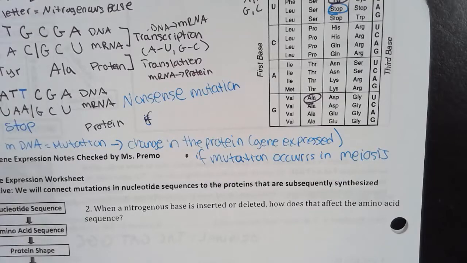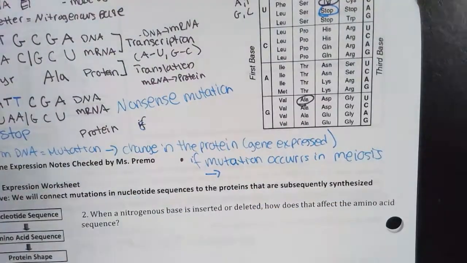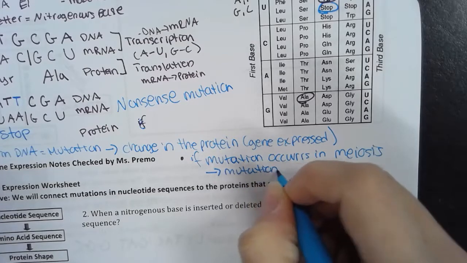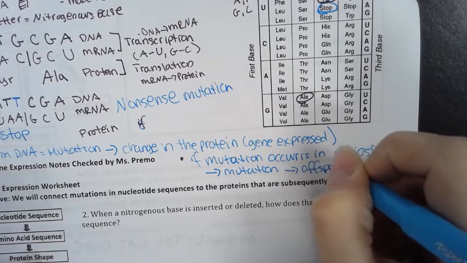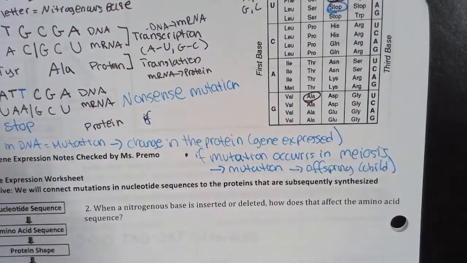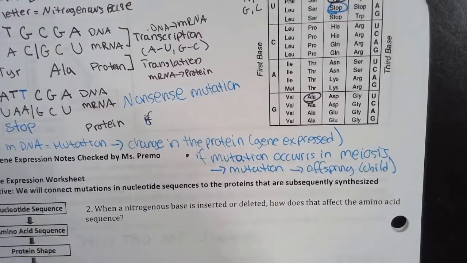So if it occurs in meiosis, then that mutation, if that's specifically like the egg or sperm that's used to make a child, the mutation will be carried to your offspring. Offspring is like a child. So let's say that there's a mistake in meiosis. There's a mutation in the sequence when meiosis is happening, and let's say that that lucky egg or lucky sperm is the one to come together to form a child, then that child will now have that mutation, whatever it is.